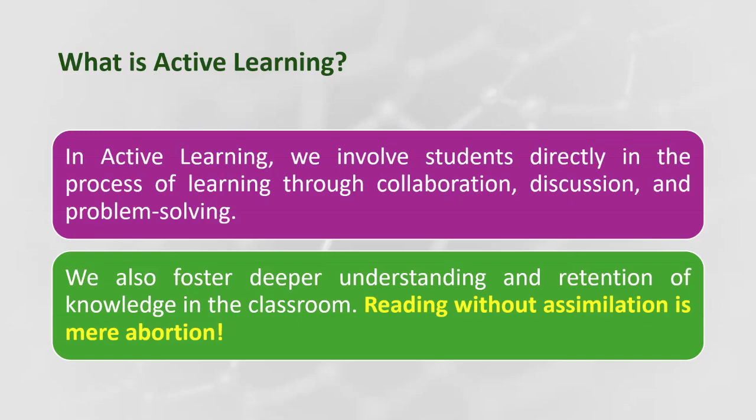We do it through collaboration. Collaboration is a kind of coming together and doing. We call it collaborative pursuit. Then discussion, and then problem solving. We also foster deeper understanding and retention of knowledge in the classroom.